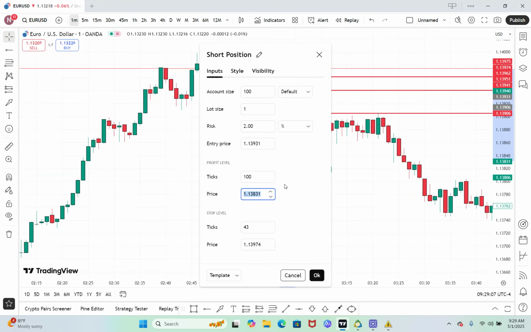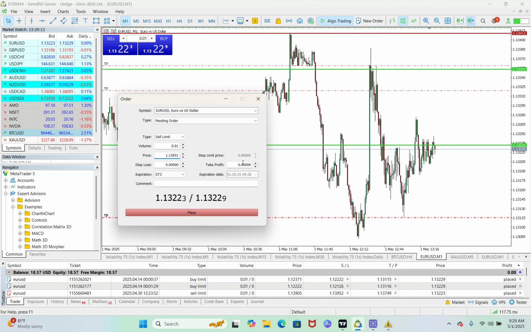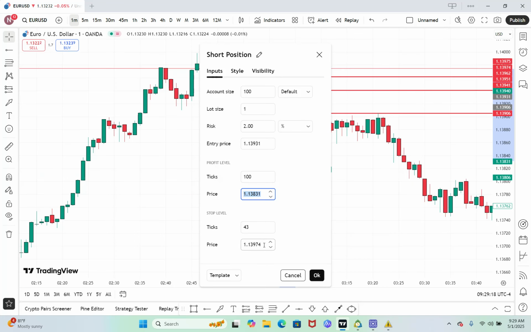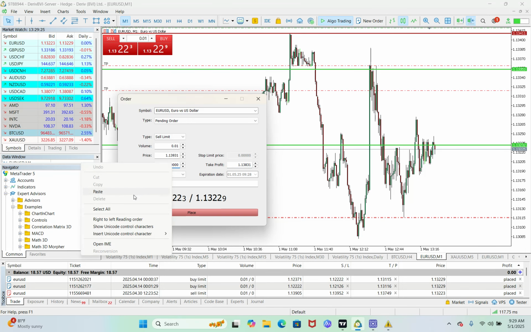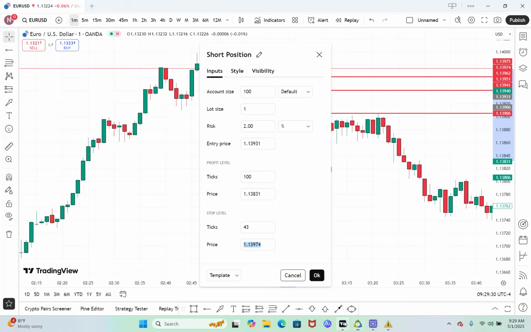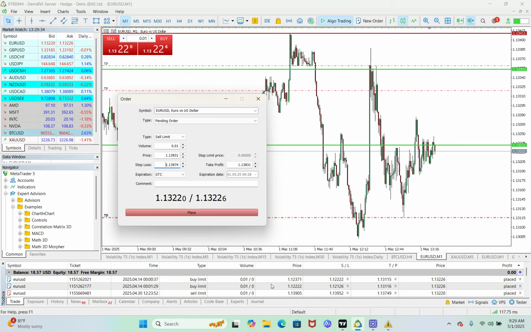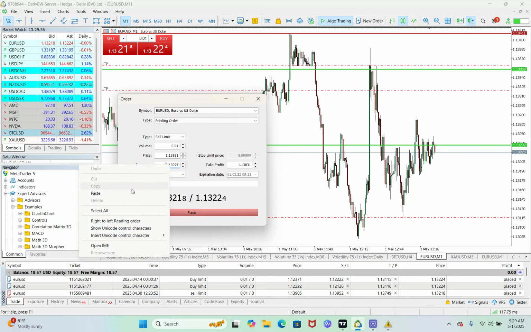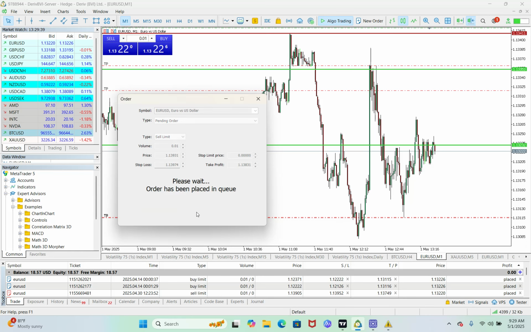So you want to be trading during those periods when the market is active, when a lot of liquidity is pouring into the market. So let's see if we're going to get anything else. Let's see what will happen.